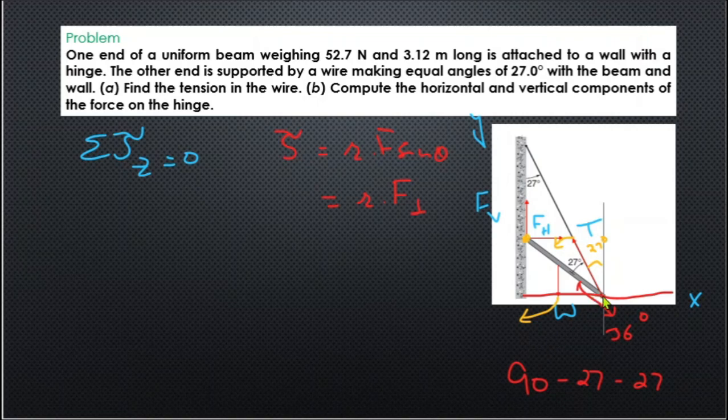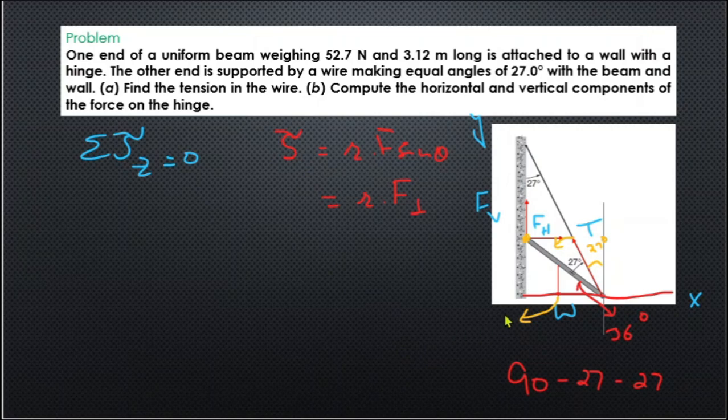Now if I consider this right angle triangle formed by this horizontal, this vertical portion of the wall and this uniform beam, then the sum of the angles in the right angle triangle is equal to 180 degree.